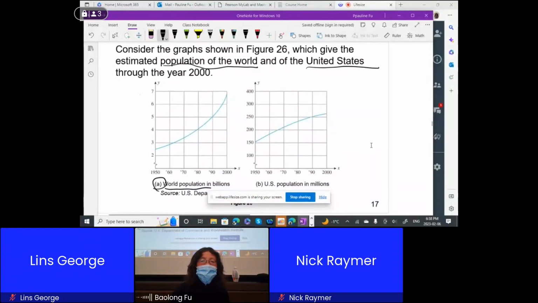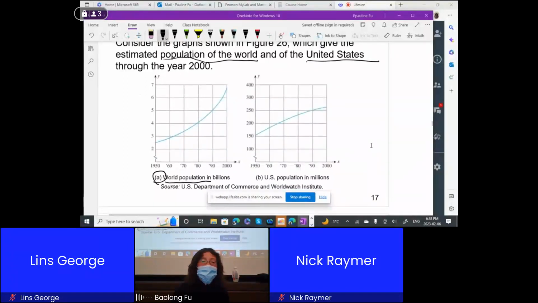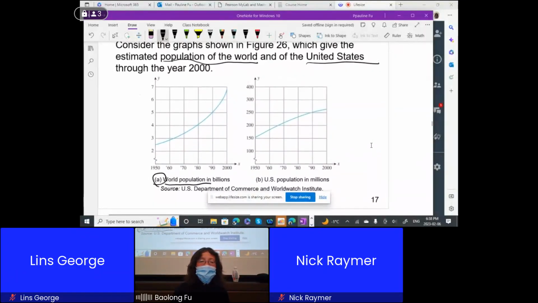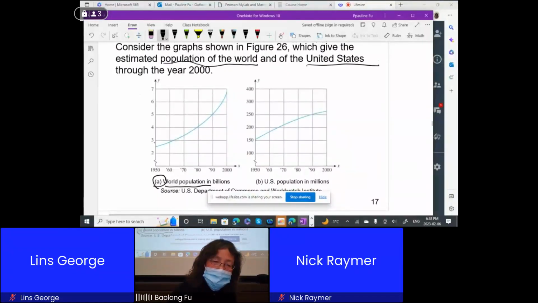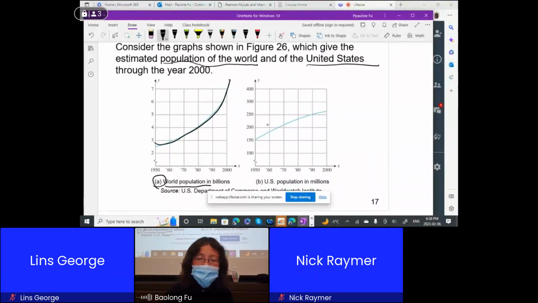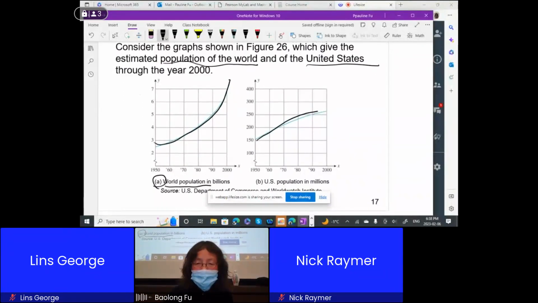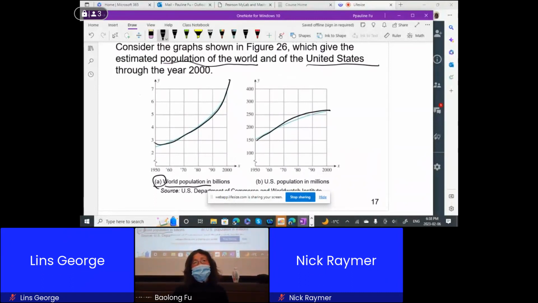As you can see, they both increase, but they have different patterns. The world population increases like this. The United States increases like this. They have different patterns.